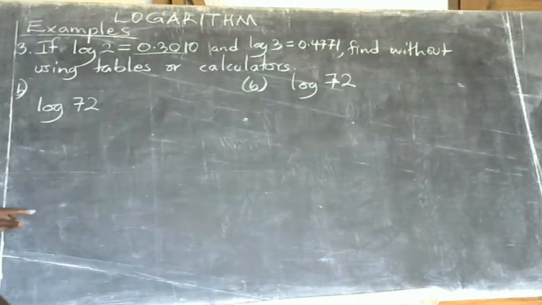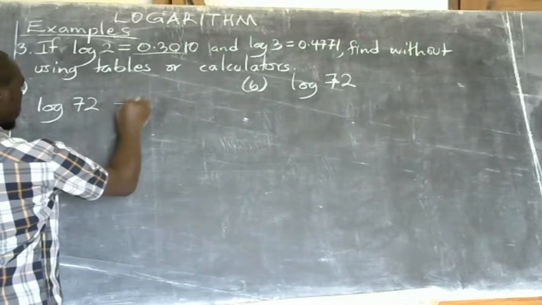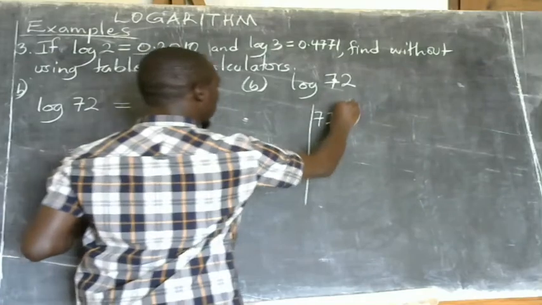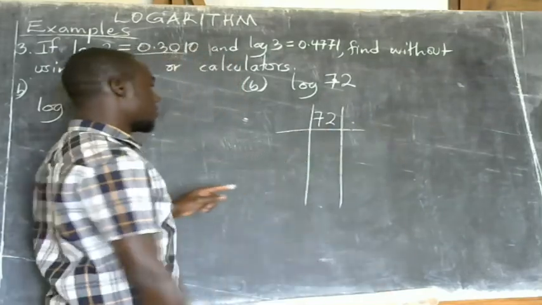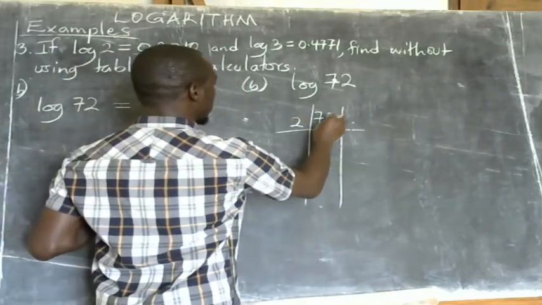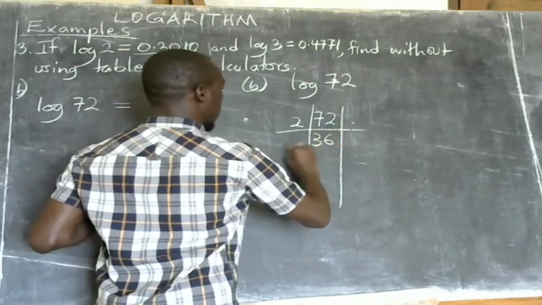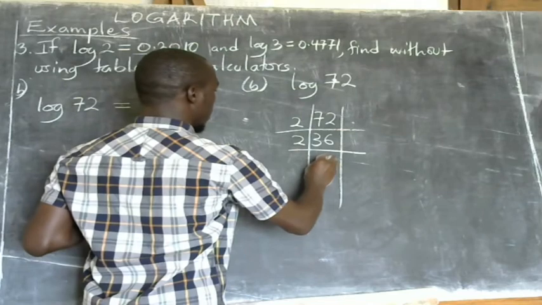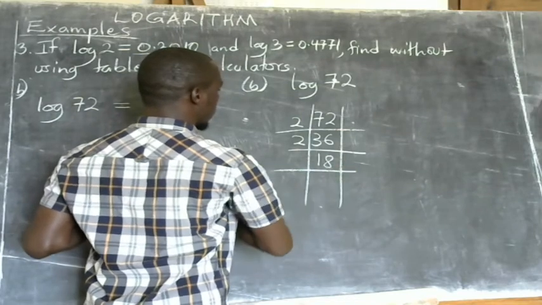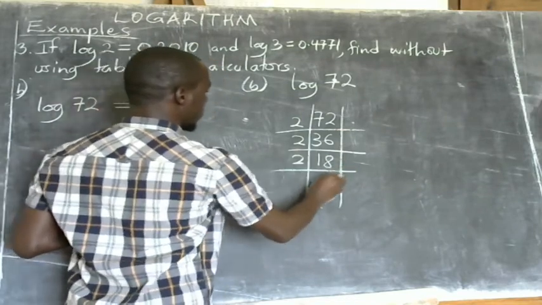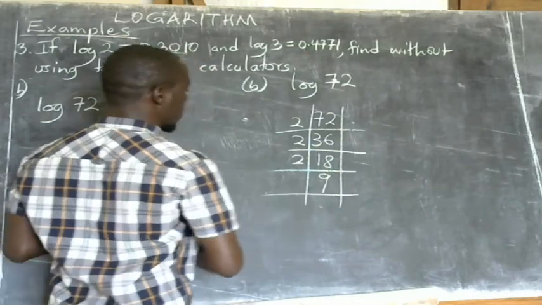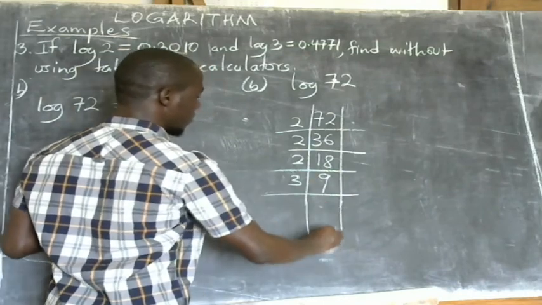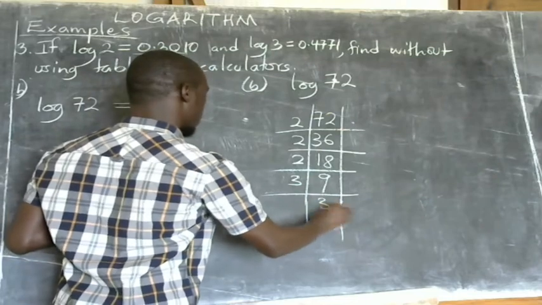So my part B, 72, when I prime decompose, the lowest prime number there is a 2. So when I divide, I have 36. 36 divided by 2, there I have 18. 18 divided by 2, there I have a 9. 9 divided by 3, the next smallest prime number, I get a 3.